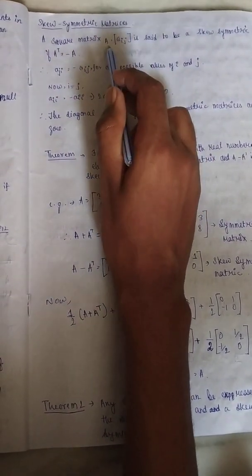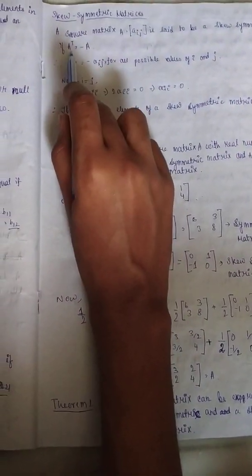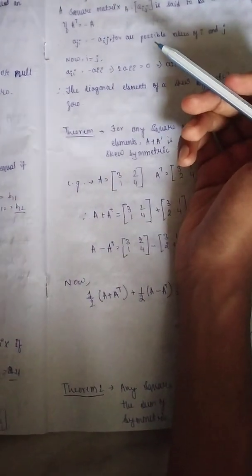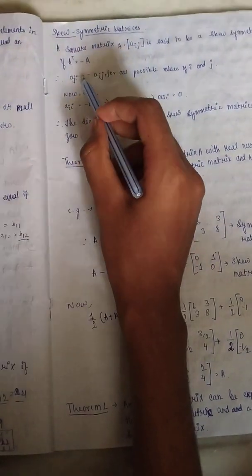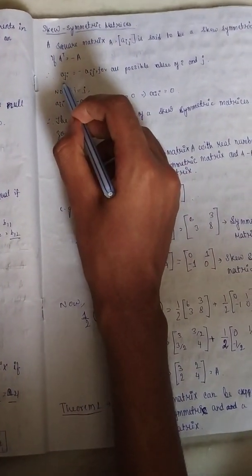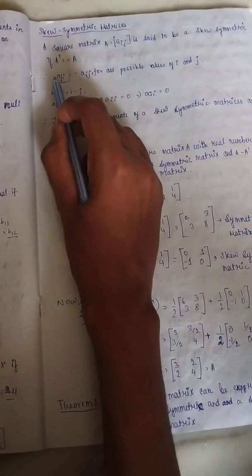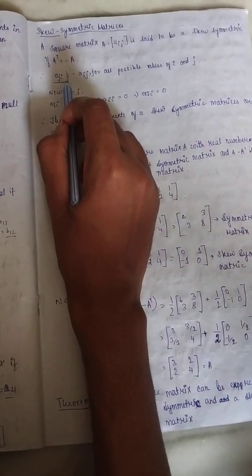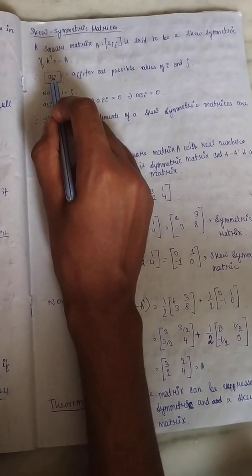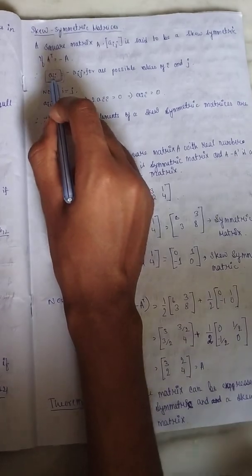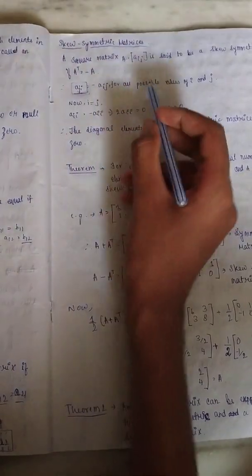Then a matrix Aij is said to be skew symmetric if A transpose is equal to minus A, which means the row has become column and the column has become row, so we can write Aji as equal to minus Aij for all possible values of i and j.